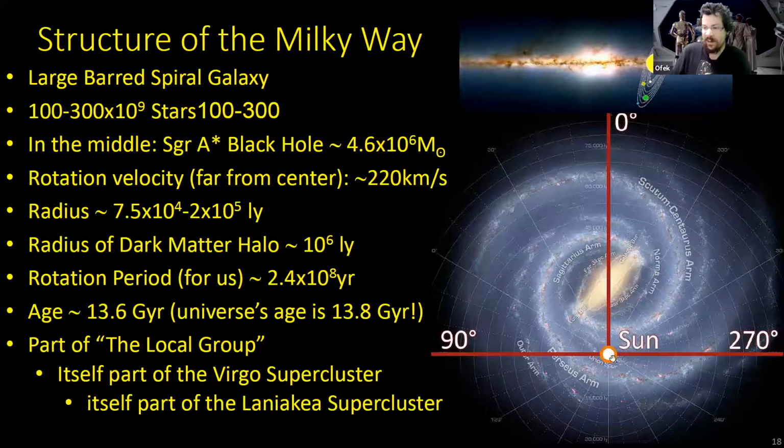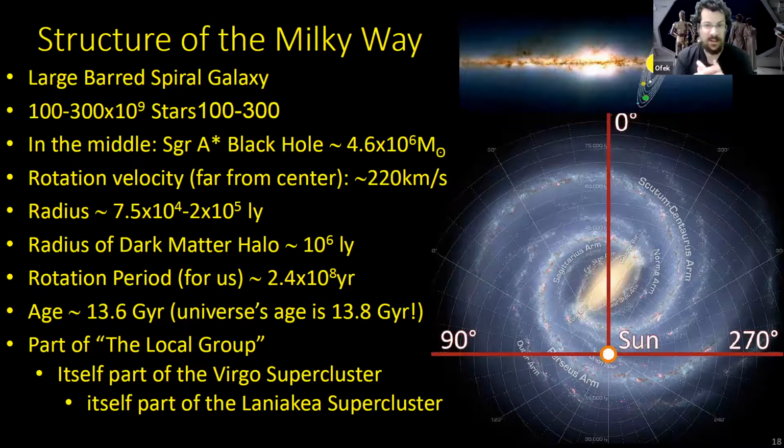At our radial distance from the center and at our current rotation velocity, which is not expected to change much, we expect to circle the Milky Way every about 240 million years. We think today that the age of the Milky Way is about 13.6 billion years, which means our sun has actually completed multiple rotations around the galactic center.